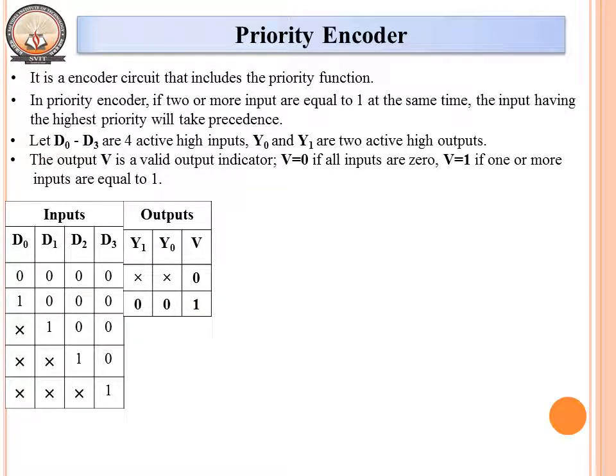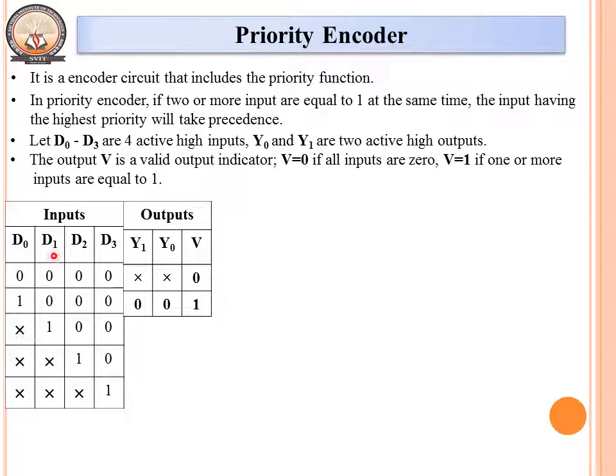In the same manner, I am taking the next case. As I told you, D3 has the highest priority as compared to D2, D1 and D0, and D0 has less priority as compared to D1.